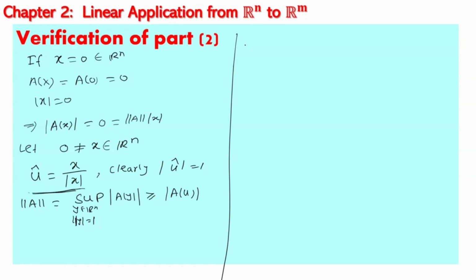In particular, this gives us that Au is less than or equal to norm of A.